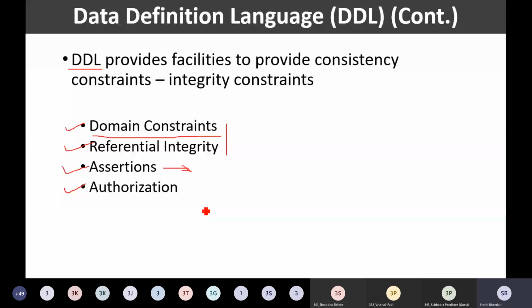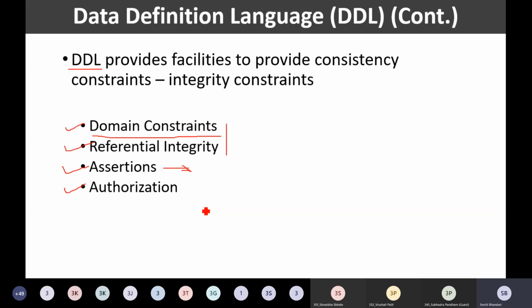But the user who has read authorization will not be able to modify the data in the database. The person who has only read authorization will only read the data but will not be able to modify it. For example, a student will be authorized to read the attendance data.